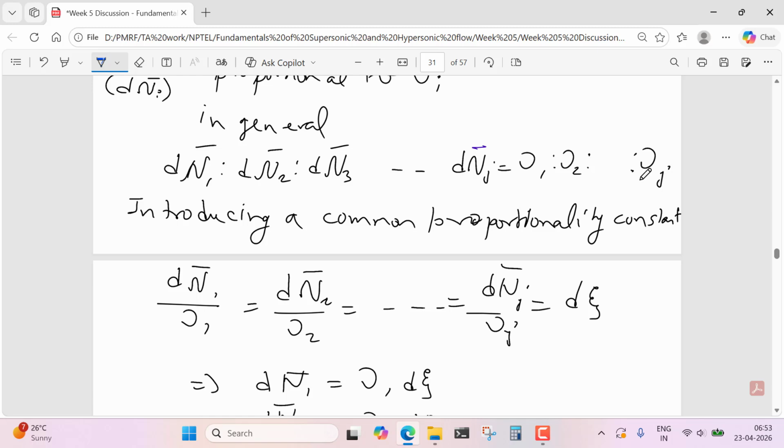So if we include one common proportionality symbol, it can be given by dn1 upon mu1 equal to dn2 upon mu2 and so on, equal to dnj upon mu j, which will equal d epsilon.